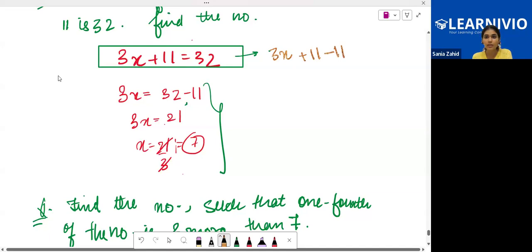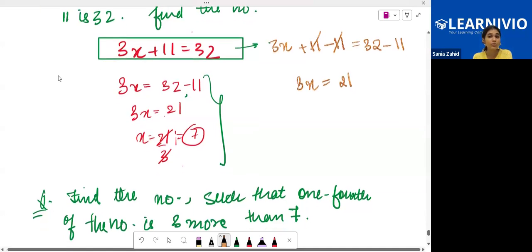And if you have subtracted 11 on one side, you have to subtract it from the other side as well, right? Yes. So now 11 and 11 will be cancelled. 3x will be equal to, what is 32 minus 11? It is 21.